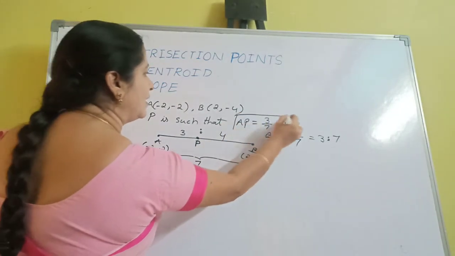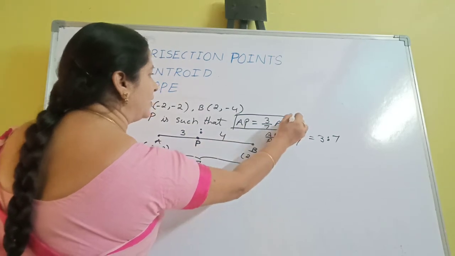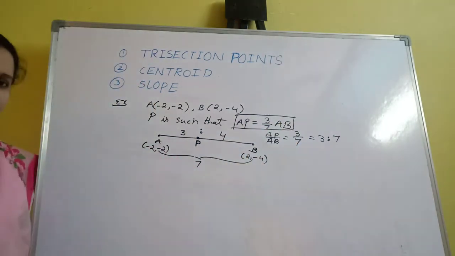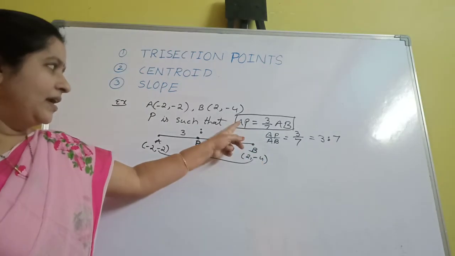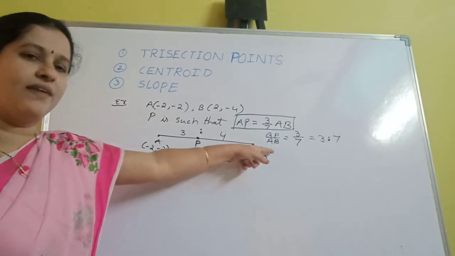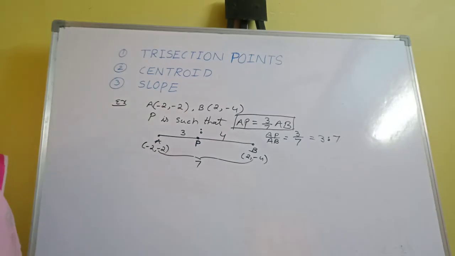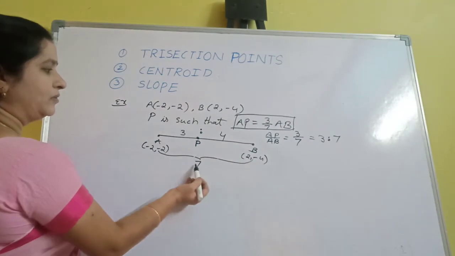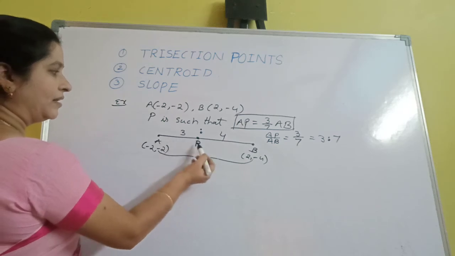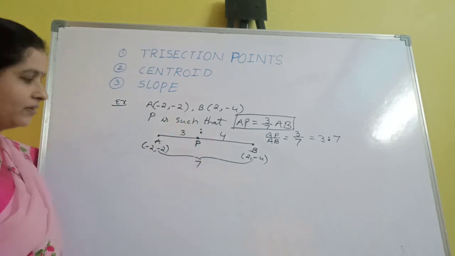What is the condition? AP equal to 3 by 7 AB. By using this condition, you can find the ratio. AP by AB equals 3 by 7, so 3:7. So by using this, P divides AB in the ratio 3:4.